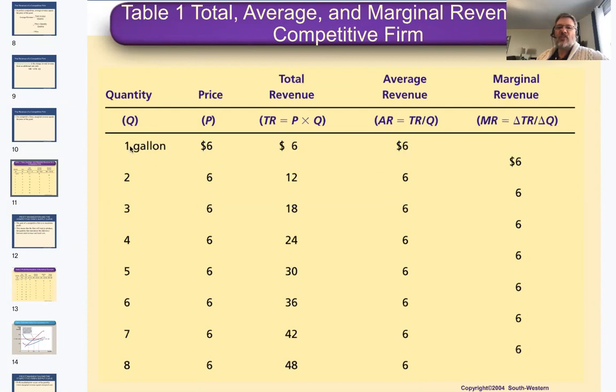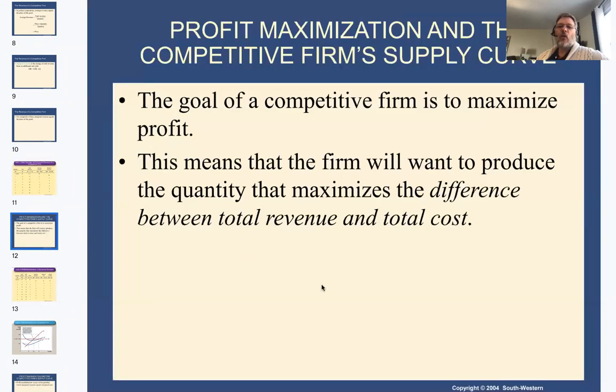And then you can see as we change from 1 to 2 gallons, our marginal revenue is the change in our total revenue. We go from 6 to 12, a change of 6, which is also the market price. So this table is supposed to convince you that when we're talking about a competitive firm, marginal revenue and average revenue are both equal to the price of the good, and can all be represented by the demand curve.